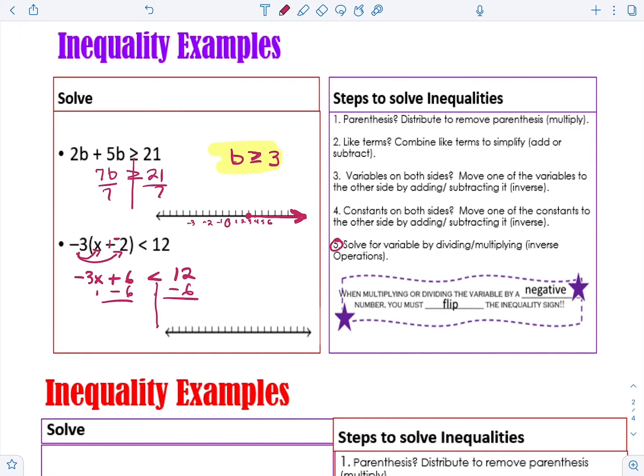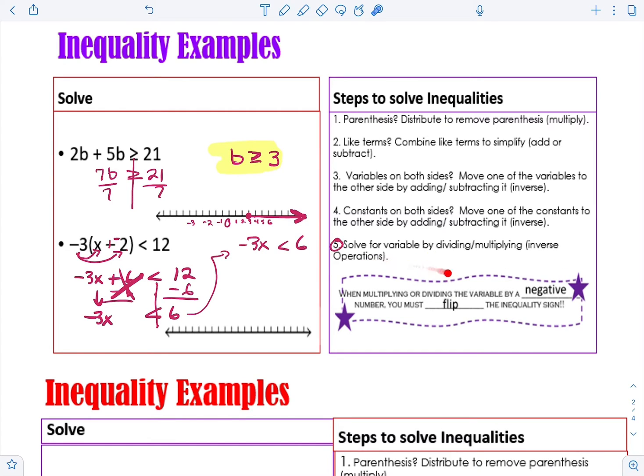We bring down our -3x. +6, -6 cancels. And that's less than 12 minus 6 is 6. There we go. -3x is less than 6. Now I'm going to move this up here so I can have a little more space. And then the next step says solve for the variable by dividing or multiplying.